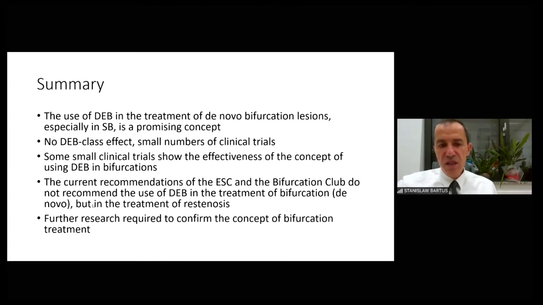However, I believe this concept will bring drug-coated balloons to bifurcations, and maybe the next stage will be using drug-coated balloons only in bifurcation lesions. Thank you very much for your attention.